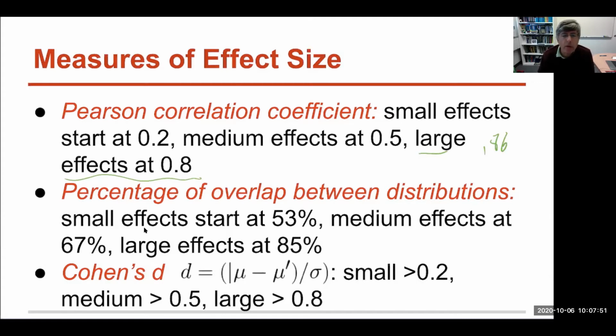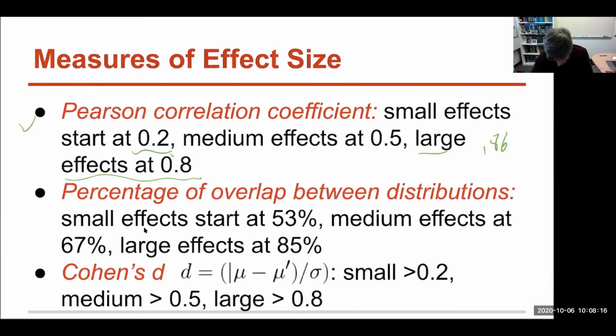That's a large effect. Correlations as low as 0.2 or even lower can be statistically significant with large enough n. But the amount of predictability it gets you is very little. So the correlation coefficient is a measure of effect size.